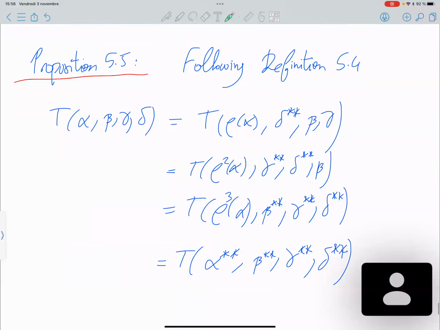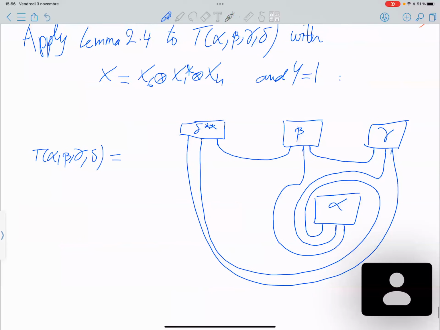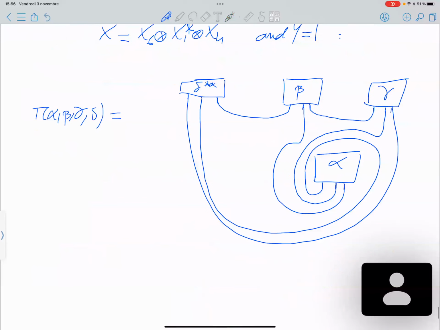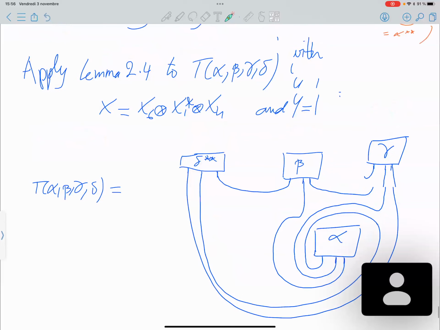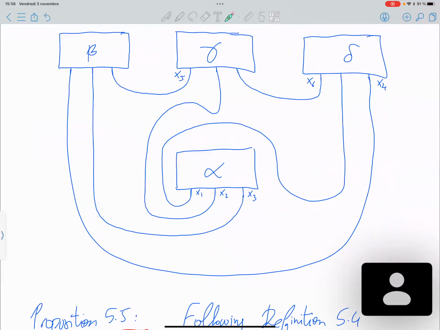And this has the form of the initial monoidal tetrahedron up to applying some natural transformation. For example, alpha here, so you have 1, 2, 3 going like that. Initially, this one was connected to the one on the right.